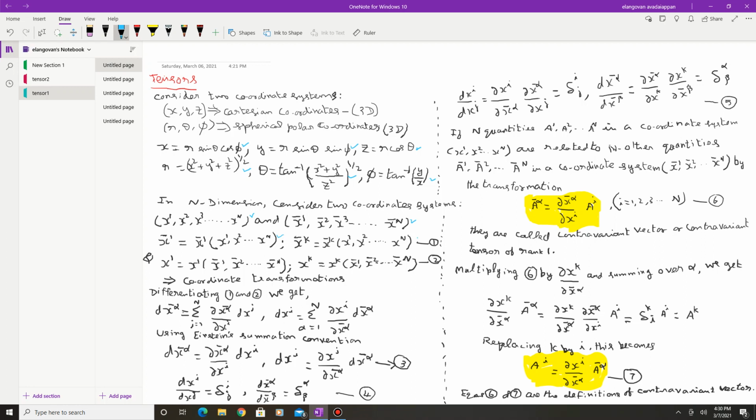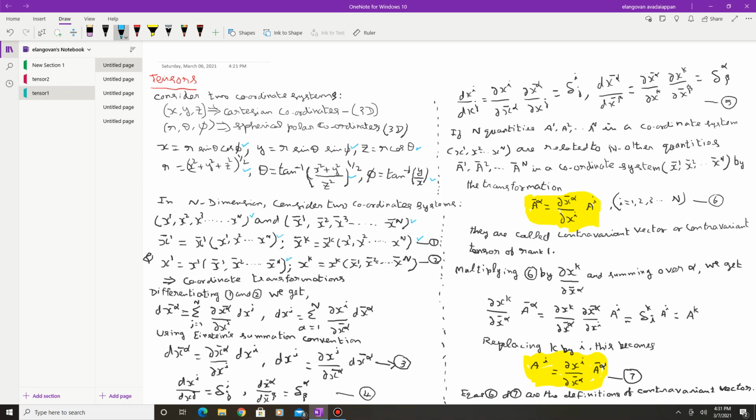So equation 1 represents that any coordinate in the barred system may be expressed as a function of the unbarred coordinate system. Similarly, any coordinate of the unbarred system may be expressed as a function of the coordinates of the barred system. So x1 is a function of x1 bar, x2 bar, etc. up to xn bar.